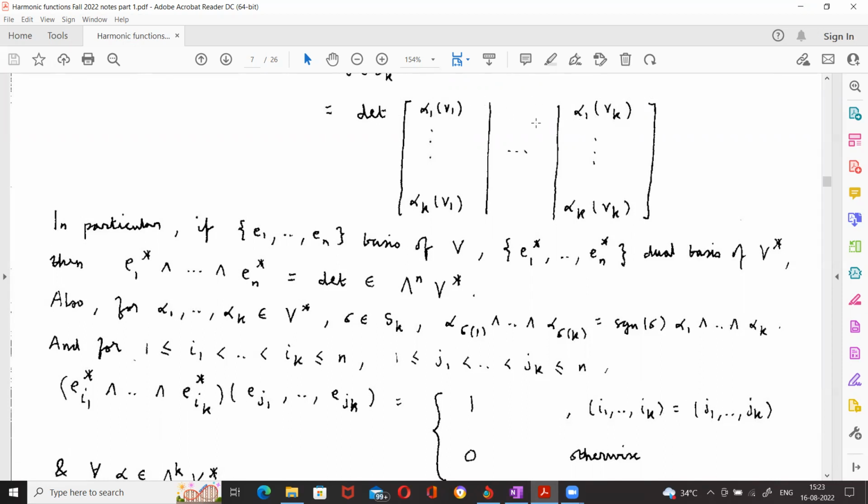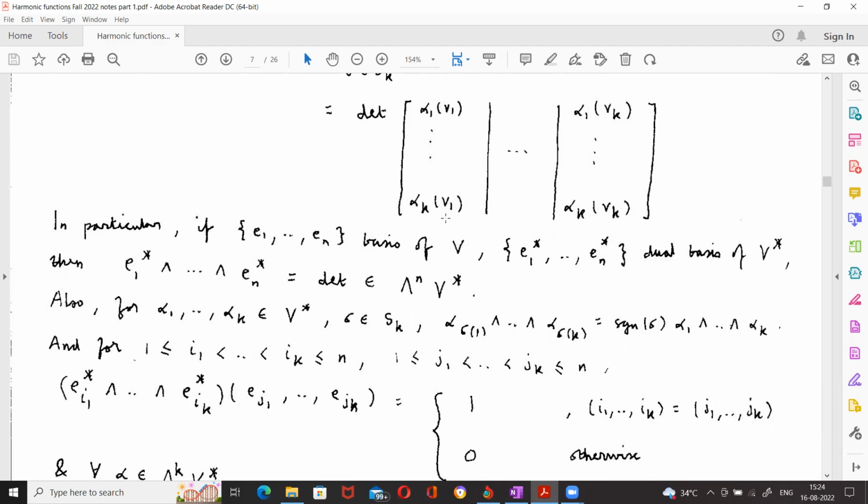So J1 has to be less than or equal to I1. But if J1 is strictly less than I1, then this first column will become 0, because all of the i's will be bigger than J1. So the whole column will become 0. Therefore J1 has to equal I1. Then the first row will become 1, 0, 0, and the first column will become 1, 0, 0.